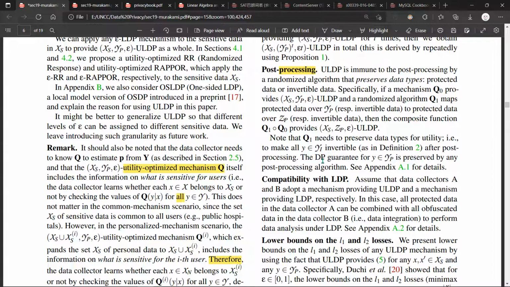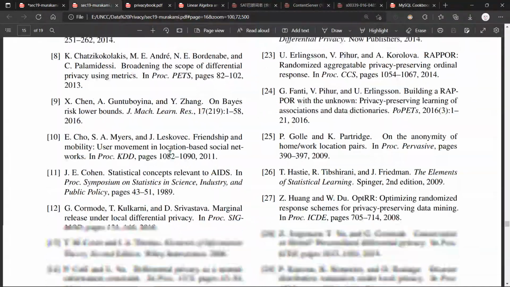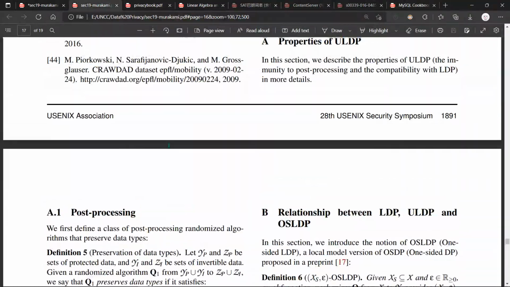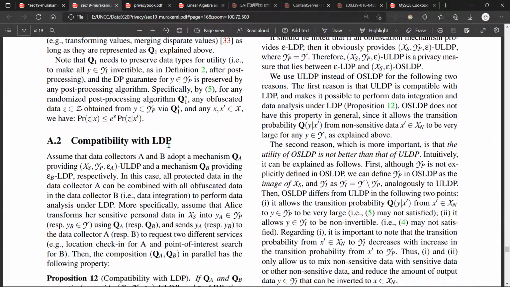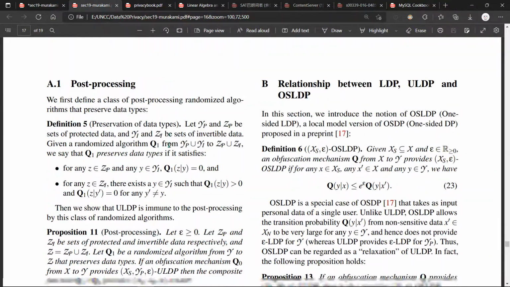The DP guarantee for Y for the protected data is preserved by any post-processing algorithm. And this is a detail. First detail. It's A1. Now here we go. Here's the post-processing here.